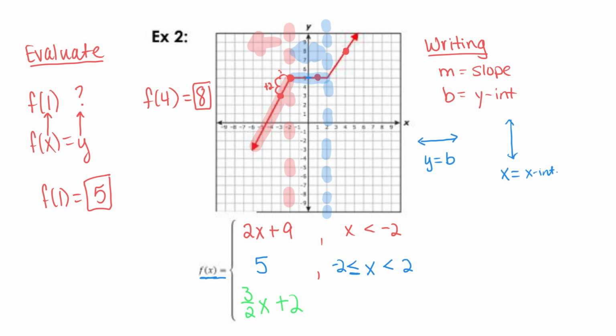And you choose, like I could have put the equal to with the red, and I could have made that x is less than or equal to -2. But if I put less than or equal to with the red, then I don't want to put it with the blue on the -2. Now the +2, just choose. Either put the line here and don't put it in the next one, or vice versa. And I know that's kind of confusing. You will get better at that, but let's go ahead and move on to that next line.